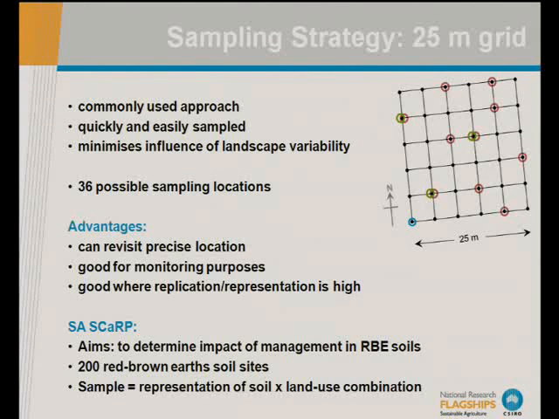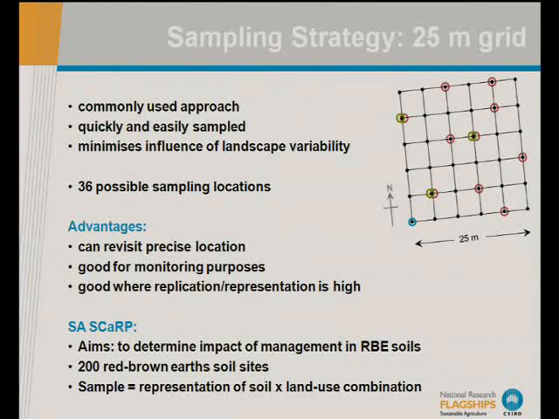The advantages of this grid type approach is that we can go back and revisit the precise locations. It's good for monitoring purposes, and we've minimised the landscape variability. It provides a good data set where we have high replication or high representation. So for example, in the South Australian National Project, our aim is to determine the impact of management in red brown earth soil types on the carbon content.